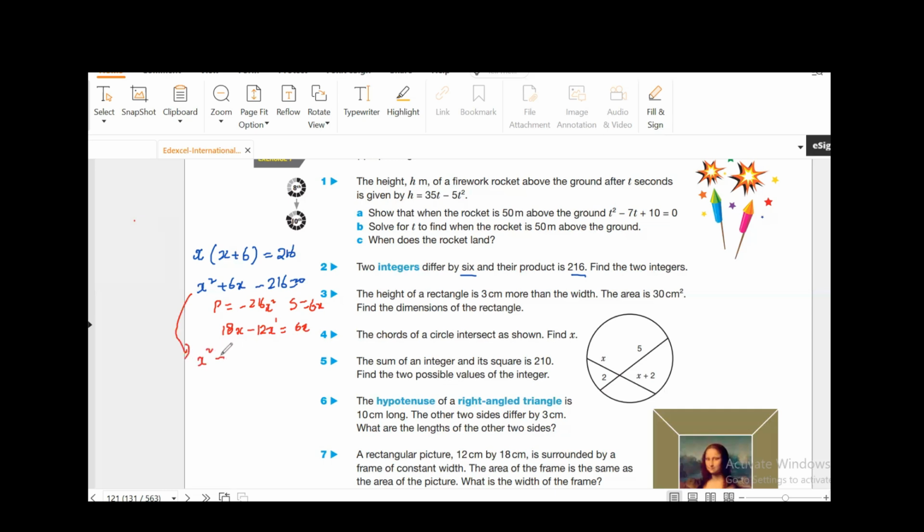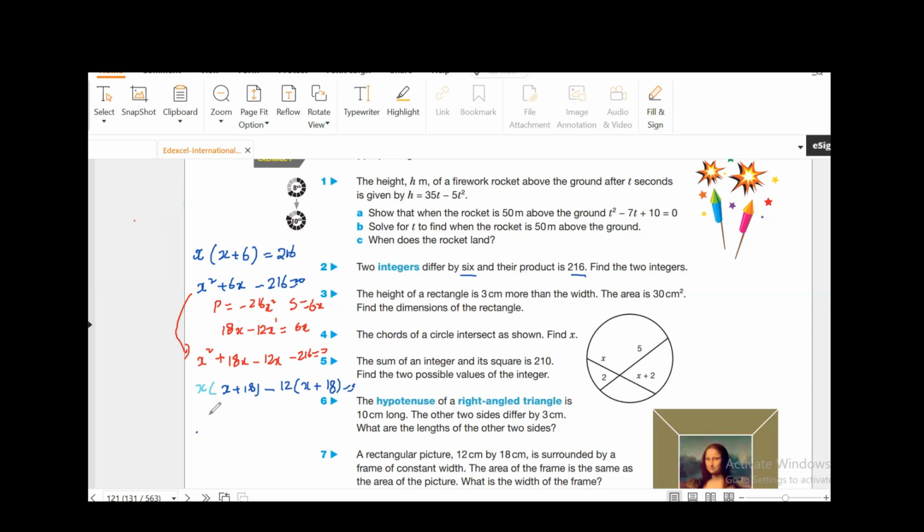After this the equation becomes x squared plus 18x minus 12x minus 216 equals 0, and then we can say that x is common. So x times x plus 18, minus 12 common, so x plus 18 and x minus 12.